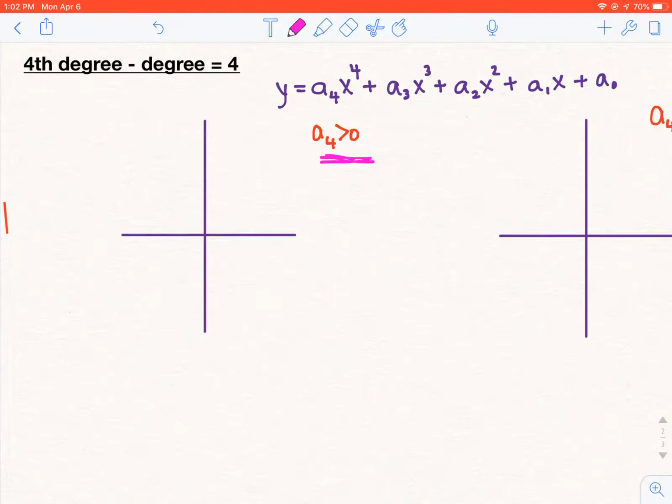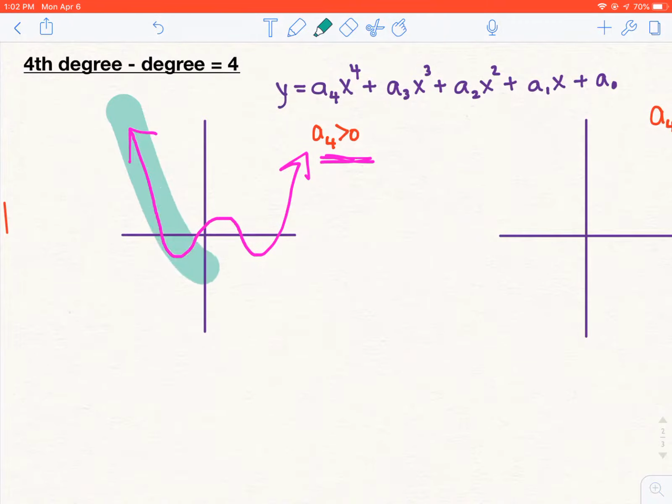So it's going to open up, basically. So it's going to cross 1, 2, 3, 4, and then it's going to go on its merry way. Notice that's just like what the parabola does with a positive a. It opens up. So fourth degrees, sixth degrees, etc., they act like the parabolas. So hopefully that will be easy enough for you.